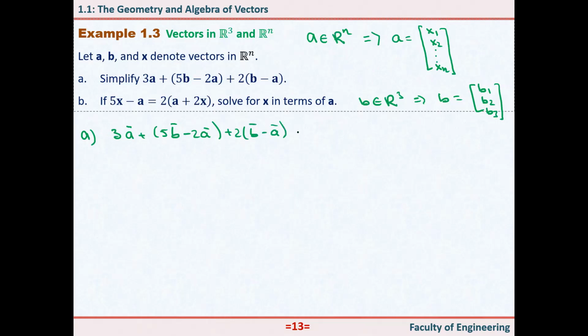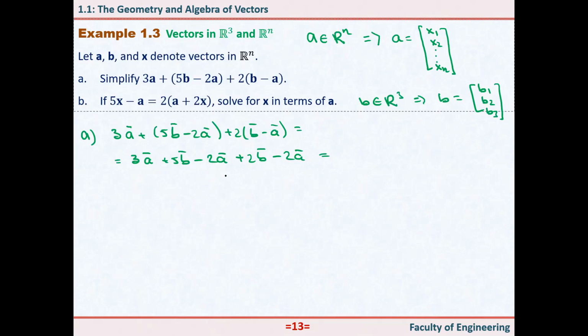These are vectors. It's very similar to real number algebra, right? First remove the brackets: 3a plus 5b minus 2a plus 2b, this 2b minus 2a.